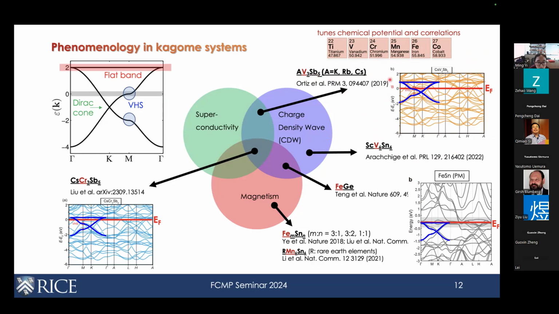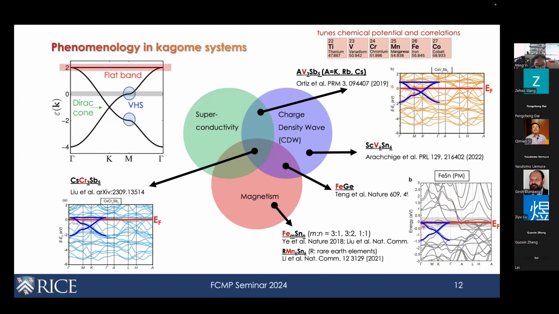And here you can clearly see that a bunch of Van Hove singularities happen to be at the Fermi level. And as we know, there's been a lot of very interesting effort studying the charge density wave orders associated with these materials. If you go down, what I'm showing you is the DFT calculation for the non-magnetic normal state of iron tin.